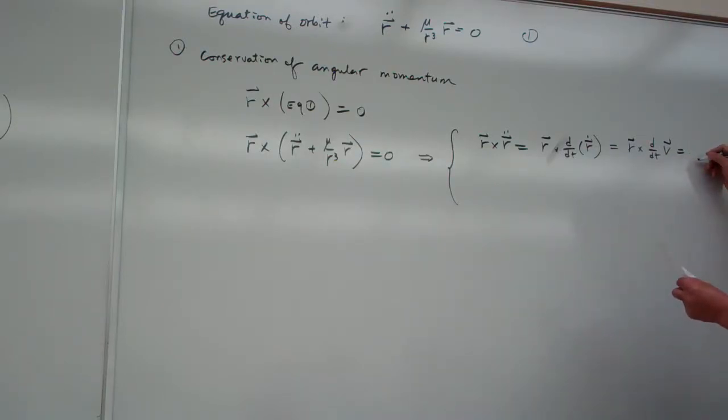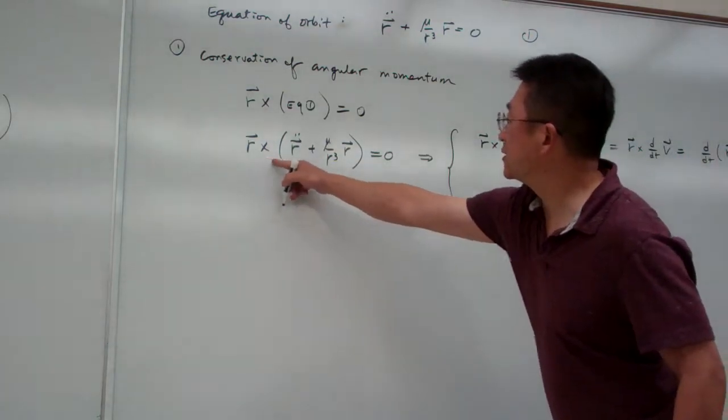So this is equal to d/dt of r cross v. You can verify it with a quick side calculation. If you take the chain rule, that is r cross dv/dt plus dr/dt cross v. This term is v, so the cross product of v with itself equals 0. That's the reason this term equals this one.